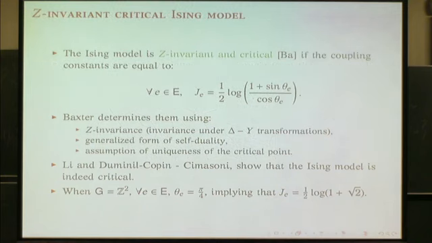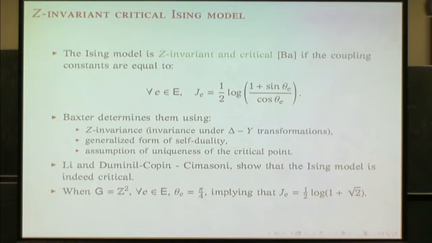And so the Ising model we will consider is when the coupling constants are chosen according to this angle. So the Ising model is said to be Z-invariant and critical, so this is a definition due to Baxter, if the coupling constants are given by this explicit formula. So the coupling constant of the edge e is 1/2 log of (1 plus sine theta_e) divided by cosine theta_e, where theta_e is the angle assigned to the edge. So where do these weights come from?